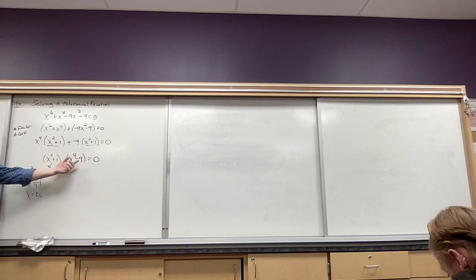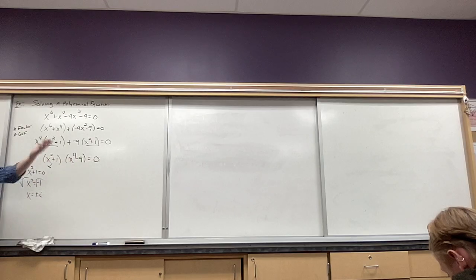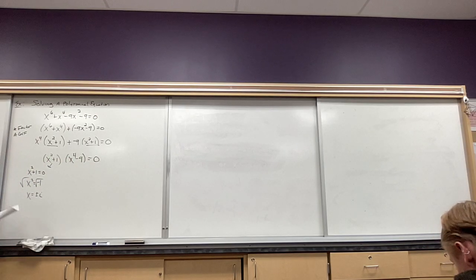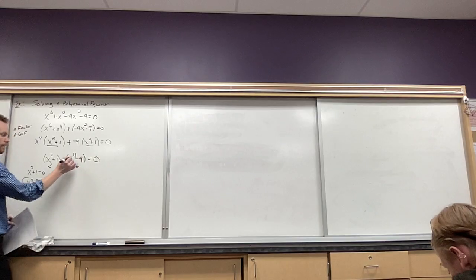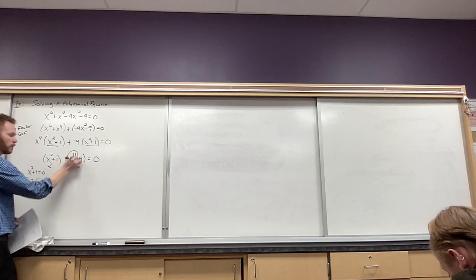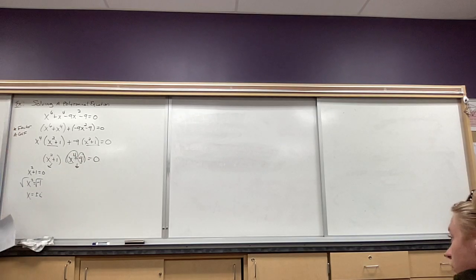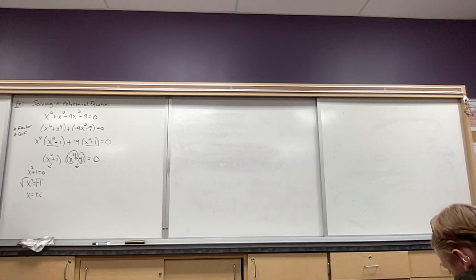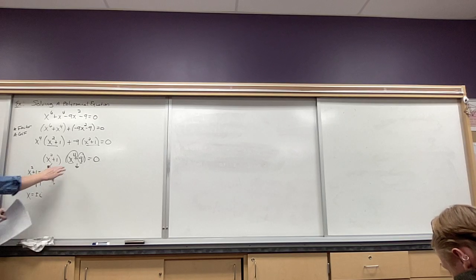Remember with even power roots, you could have a positive or negative component? Like square root is a positive or negative component. So what we're going to do here instead, see how x to the fourth and 9 are pretty much perfect squares. What times what gives me x to the fourth? x squared, right? What times what gives me 9? 3 times 3. And there's no middle term.